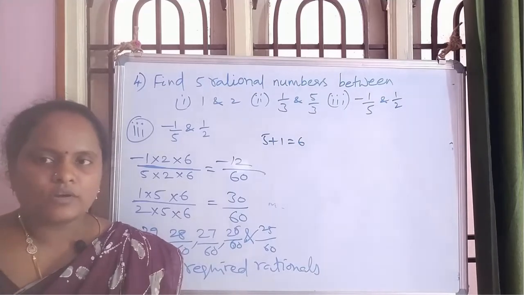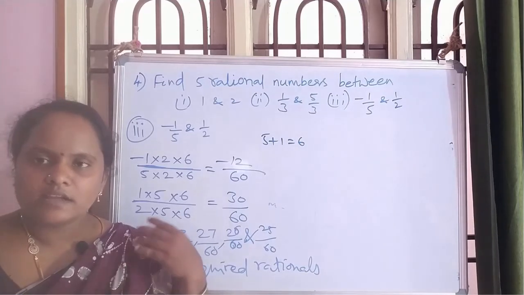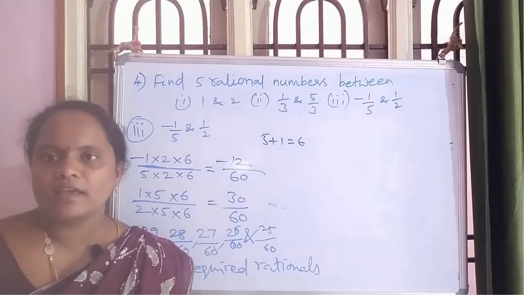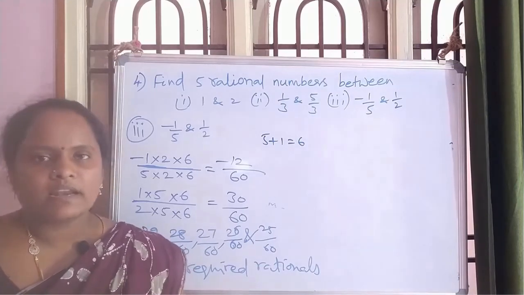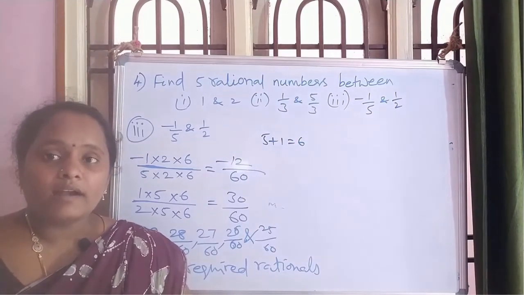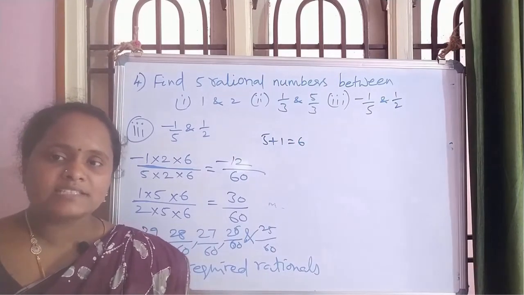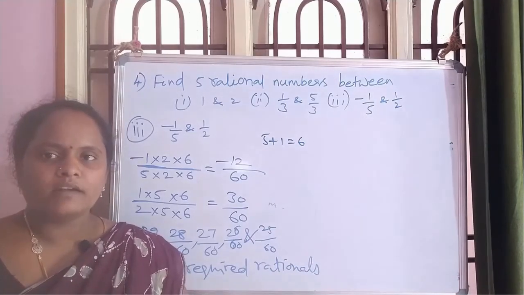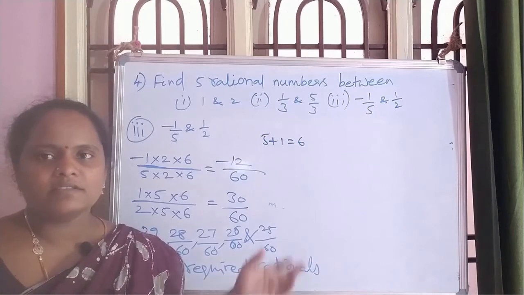Not only 7 by 7, instead of 6 by 6 you can take 8 by 8, 9 by 9, 10 by 10 or 100 by 100. You get more and more rational numbers in between them. But what happens if you take less than 5, that is 4 by 4, 3 by 3, 2 by 2 and 1 by 1? And 1 by 1 is nothing but the same number.